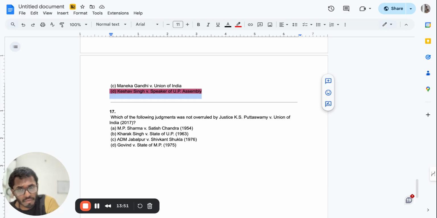For example, in MP Sharma versus Satish Chandra, they overruled the denial of privacy as a right. In ADM Jabalpur versus Shivkant Shukla, where they decided fundamental rights are not valid during the emergency, they overruled it. But in Govind versus State of MP, they didn't overrule because privacy is part of one of the most important structural functions. However, it cannot at any point become absolute.